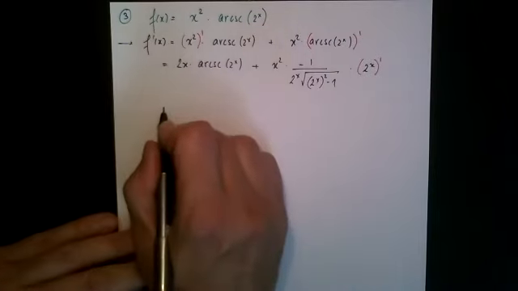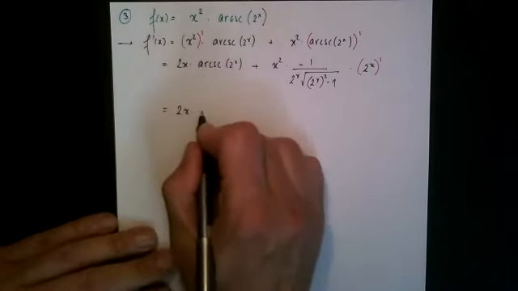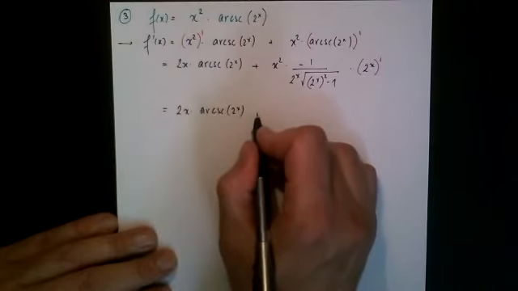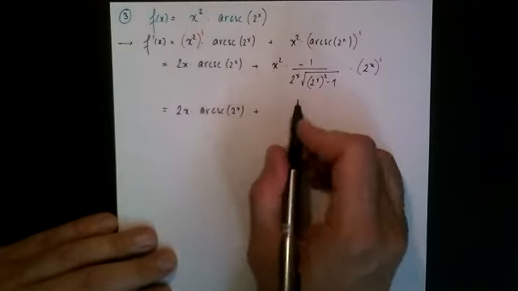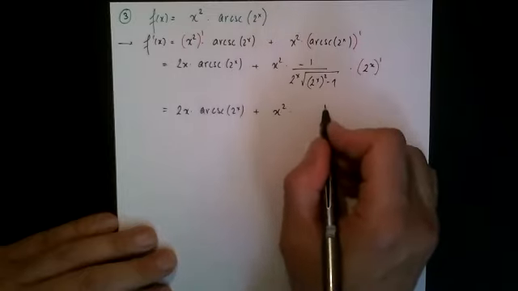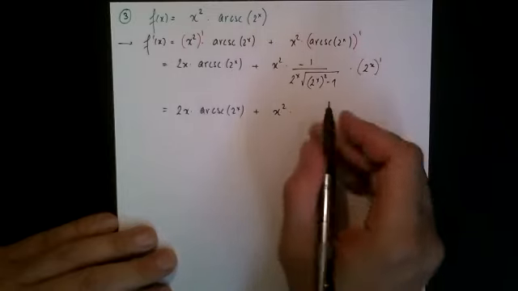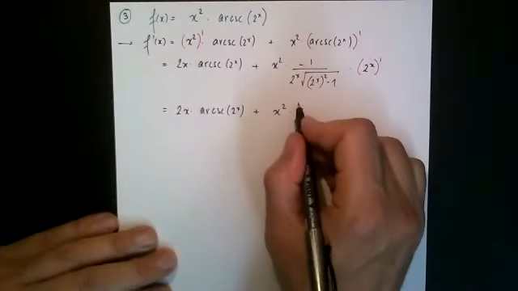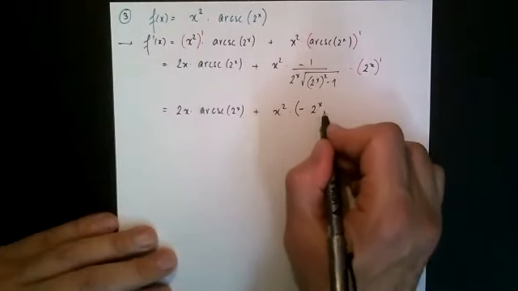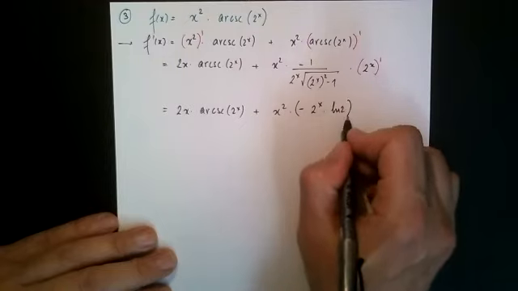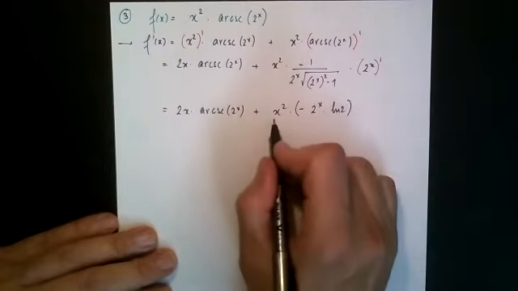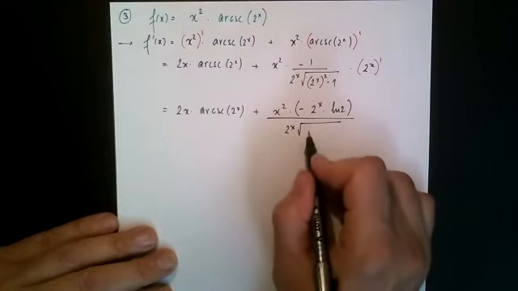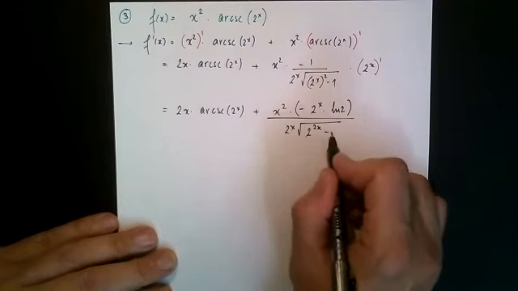And that's it, we're almost done. So it's 2x arccosecant 2 power x plus x² times, so the derivative of 2 power x is, so there's the minus here, so minus 2 power x times ln of 2, that's the derivative of this, over 2 power x square root of 2 power 2x minus 1.